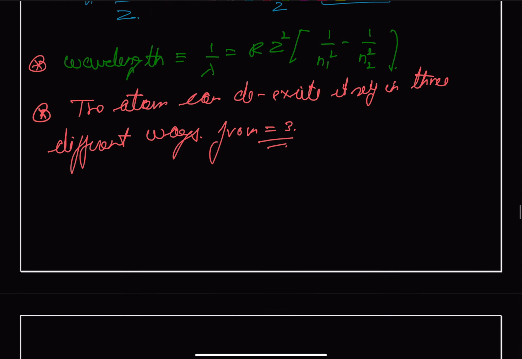So first, n2 is 3, and it de-excites to n1 is equal to 1.